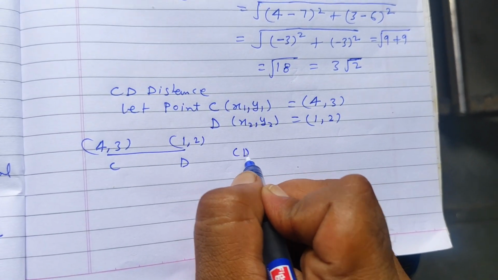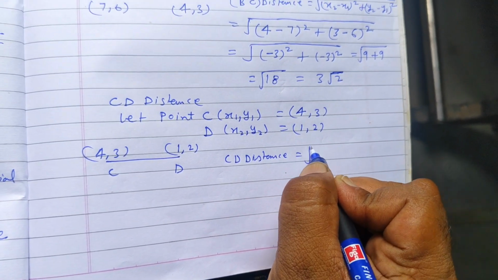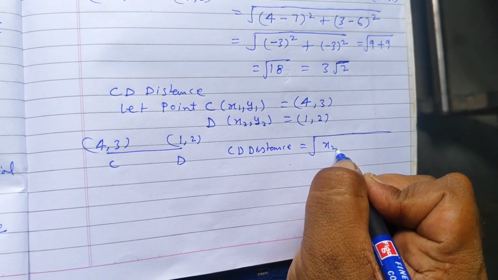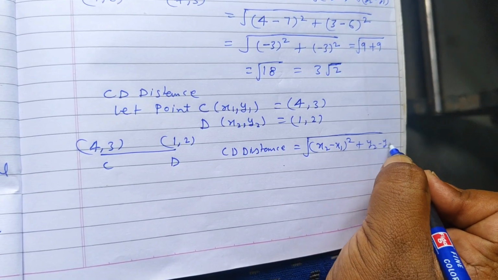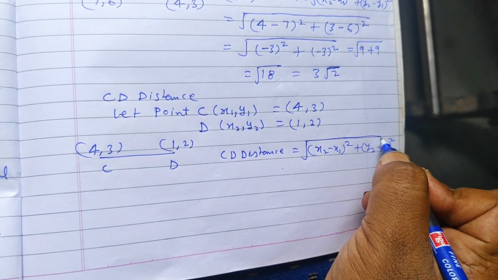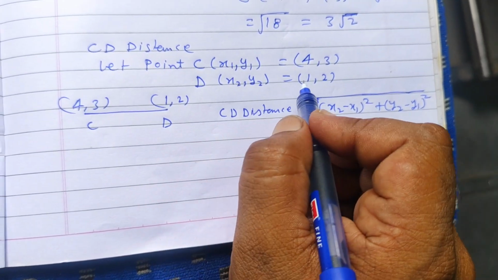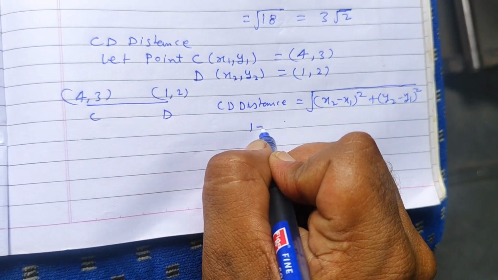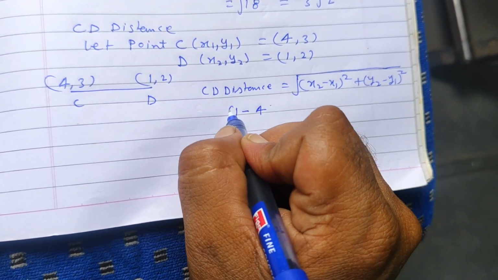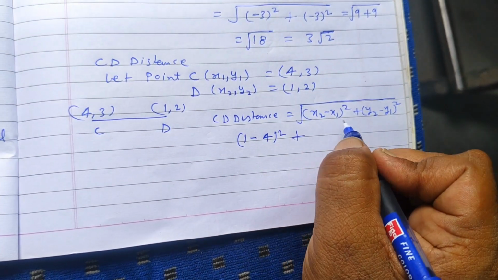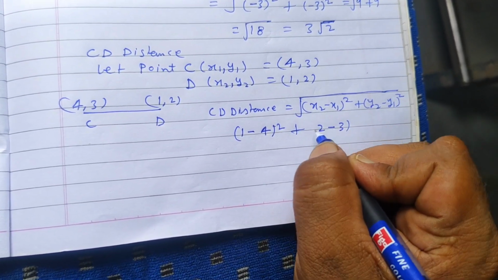So CD distance is x2 minus x1 and y2 minus y1. So x2 is 1 minus 4 and y2 is 2 minus 3.